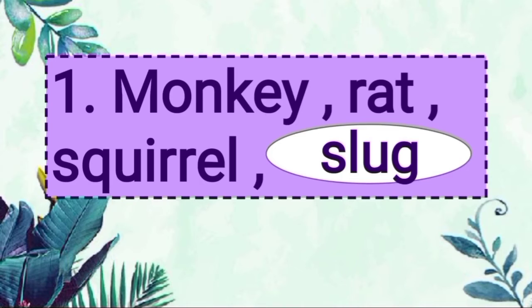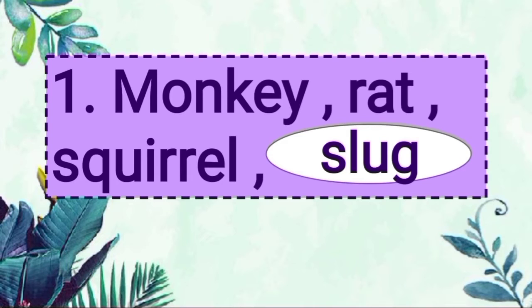As you know, animals that do not have a backbone are called invertebrates. An example of an invertebrate is worms such as slug, which is the fourth word here.